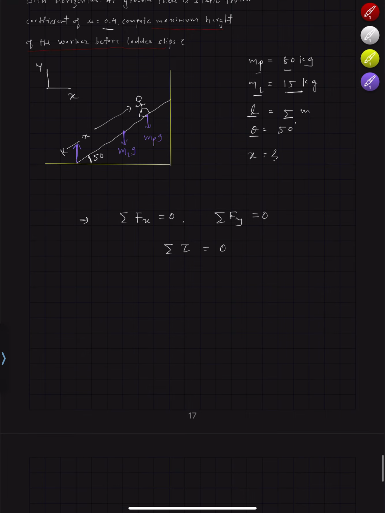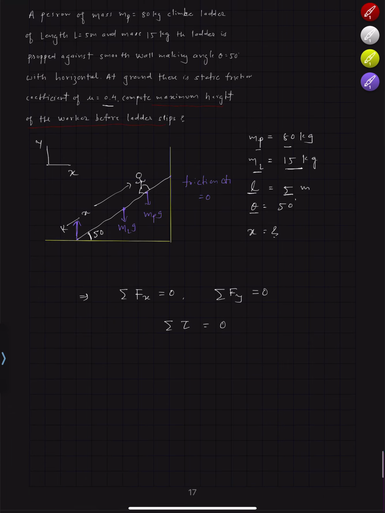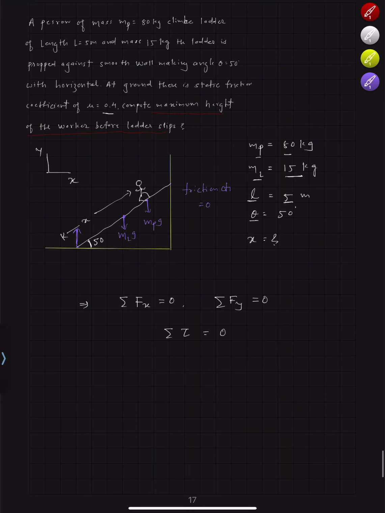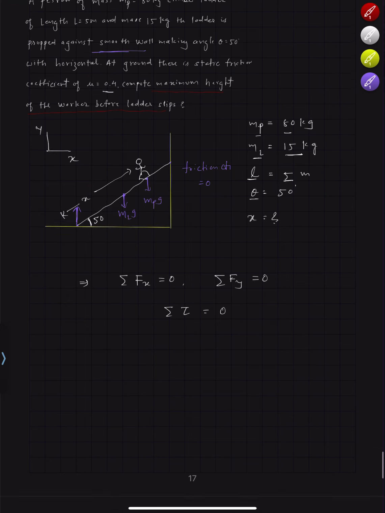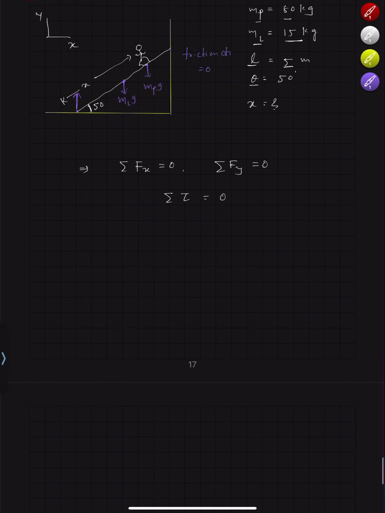There is no other y directional force since there is no friction between the wall and the ladder, because it is given that it is a smooth wall. So the total force in the y direction is N, let's say N1.